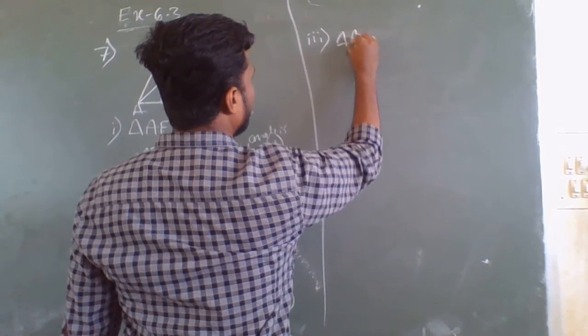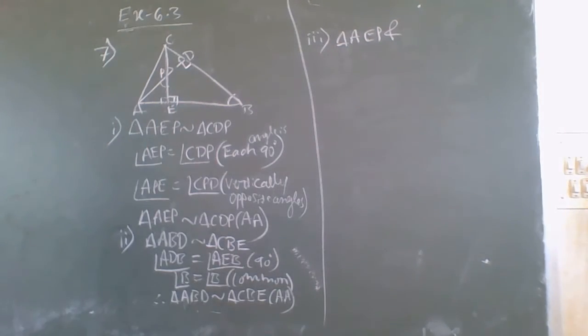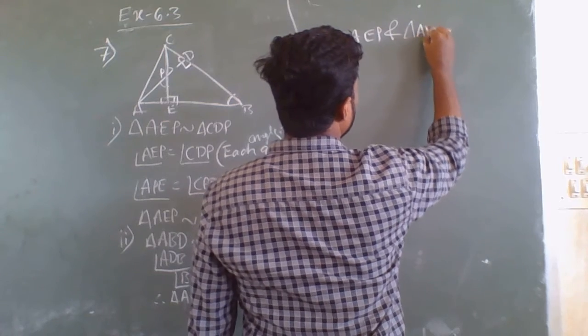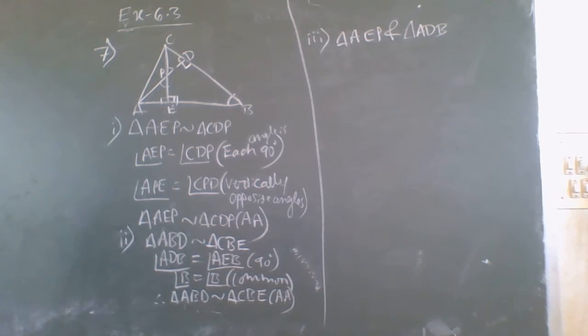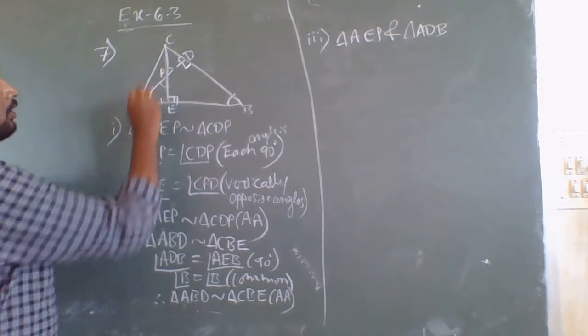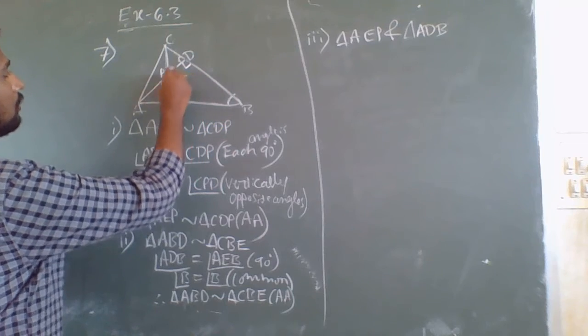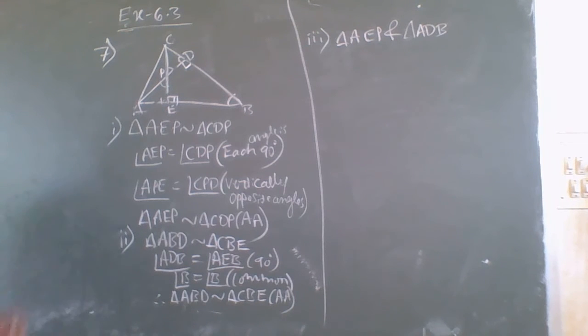AEP is this triangle, and ADB means this triangle ADB. We have to prove that triangle AEP is similar to triangle ADB.